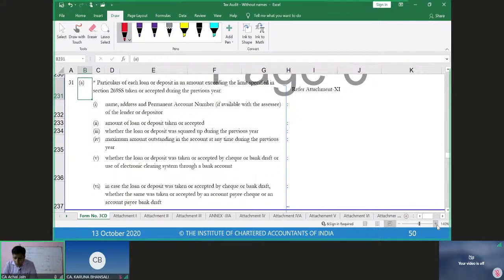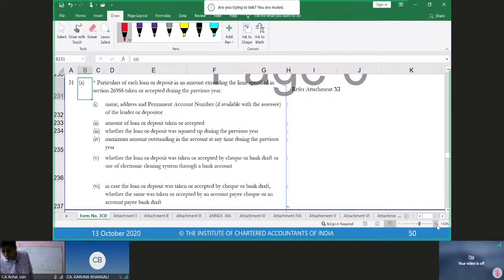Particulars of each loan or deposit in an amount exceeding the limit specified in section 269SS taken or accepted during the previous year. So what does this indicate?